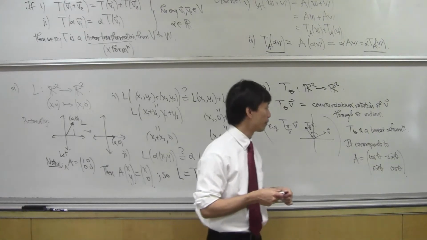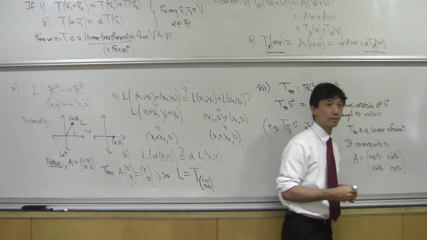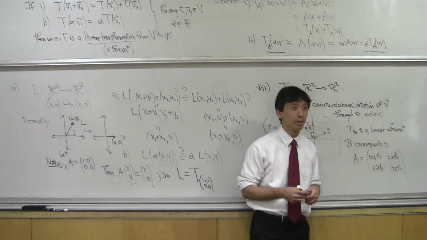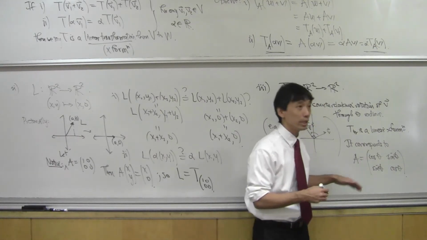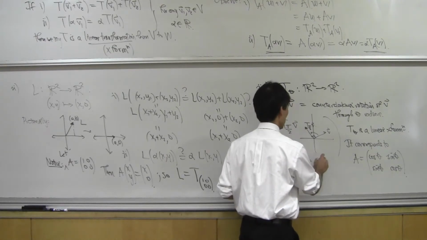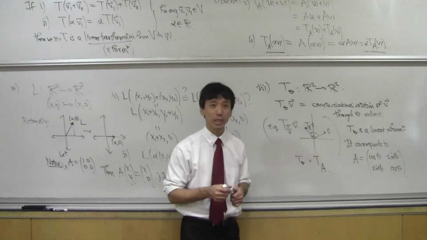It's cosine and negative sine. Yes, this is negative sine. Cosine theta, negative sine theta, sine theta, cosine theta. So it actually turns out that this T sub theta, like T sub A, corresponds to left multiplication by a matrix also.